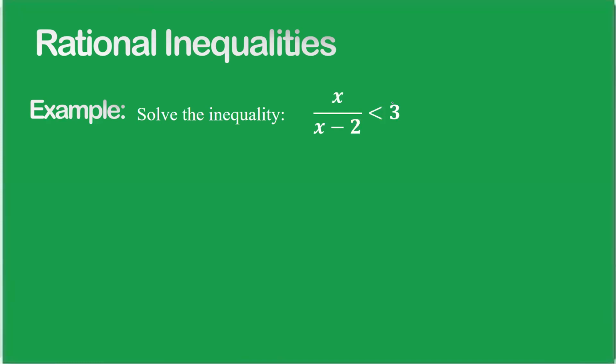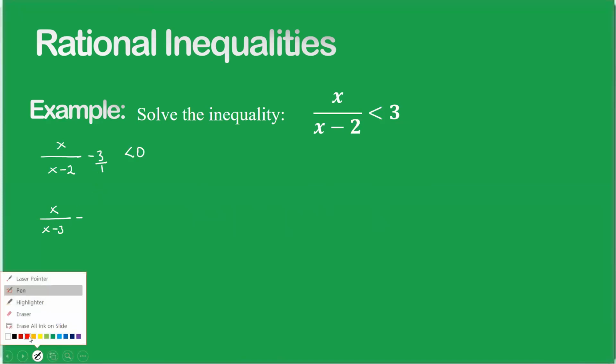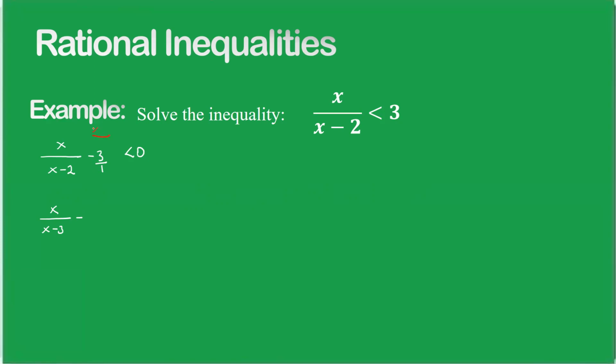We have to take all the terms to the left-hand side, or one side anyway. Let's take the left-hand side, so it becomes x over x minus 2 minus 3 less than 0. Now let's make our operations. This 3 can be written over 1, so x over x minus 2 minus, so can I expand this one with x minus 2?